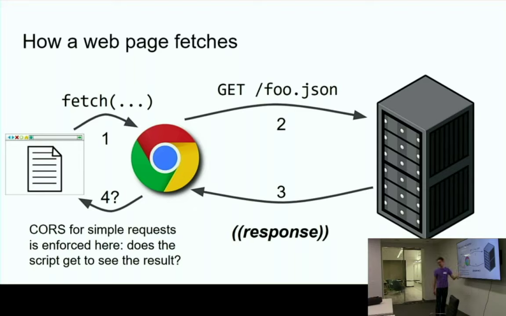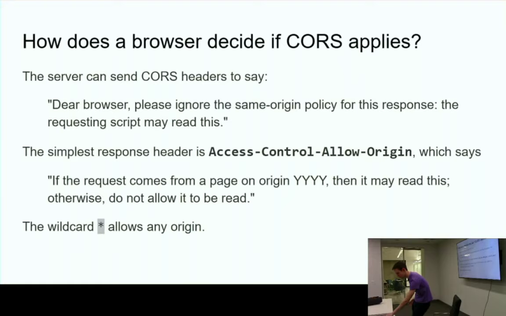The script that requested it is not from mail.google.com. No, you don't get to see it. Or it might say, yes, it is from the same origin, so I will allow it to see it. Or it could say, it's not from the same origin, but it did serve headers that indicate that the server wished for this to be readable.